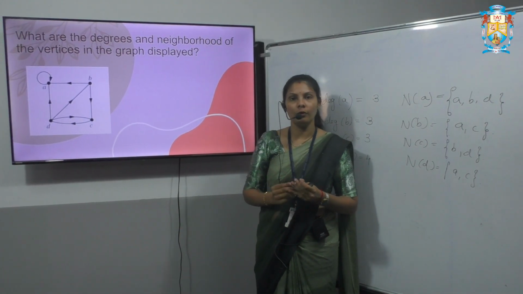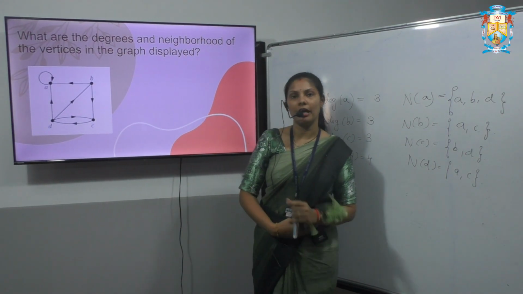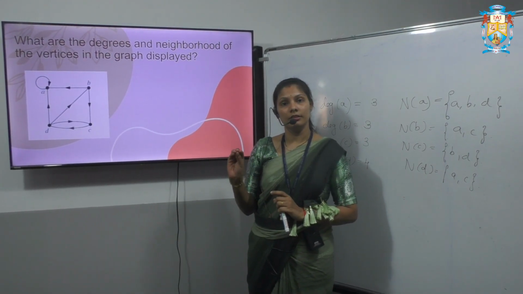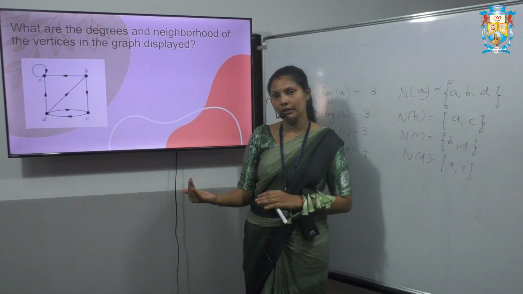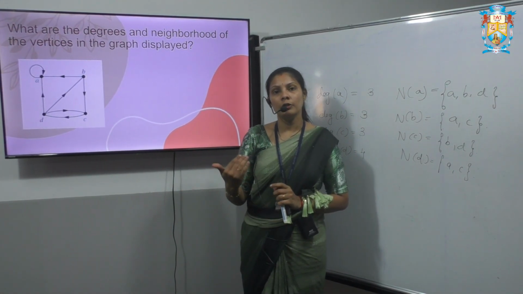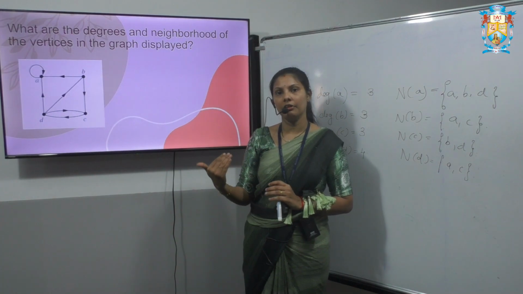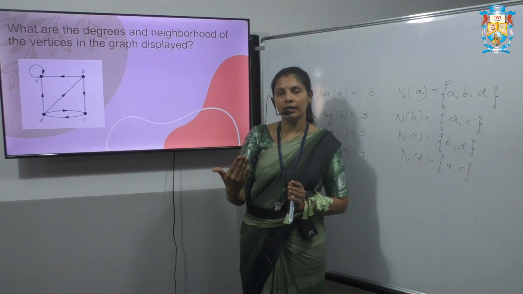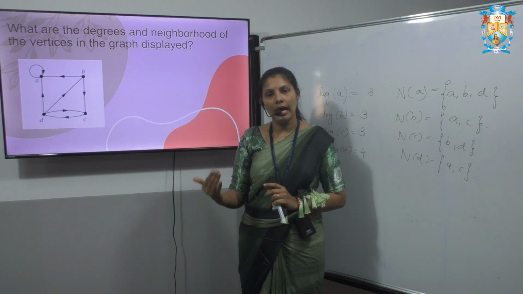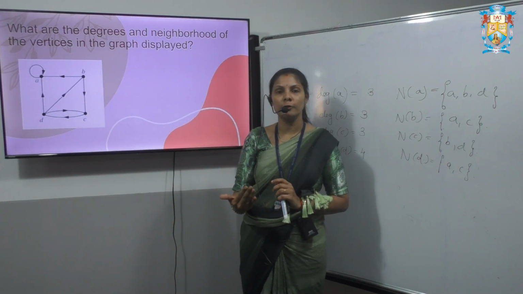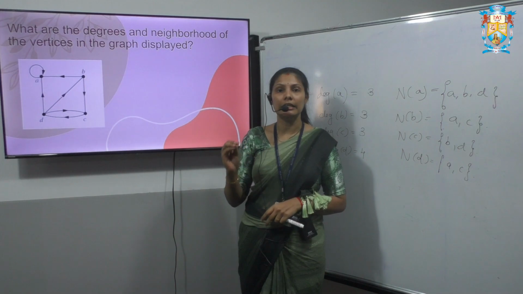So in today's session we have seen about the graph, the different types of graphs, and the degree of a vertex and the neighborhood of a node. All these things we have studied are regarding graphs, which will help in the future, and are used in other applications also, especially in GPS.